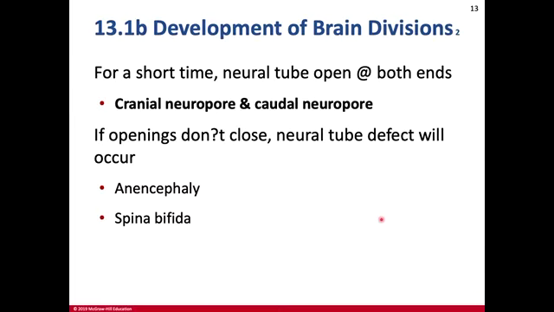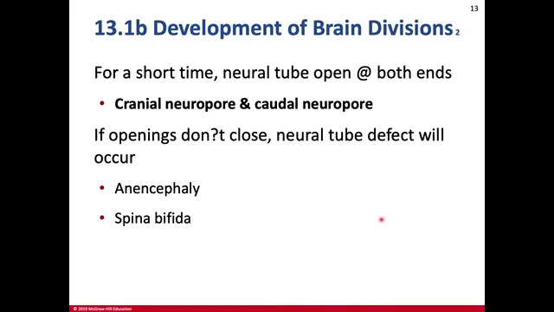For a short time, the neural tube is open at both ends so that we have a cranial and caudal neuropore, but if the openings fail to close, then we'll have what's called neural tube defects, okay? And this seems to be linked to a lack of B vitamins in the diet of the mother, and we don't understand the mechanism for that.